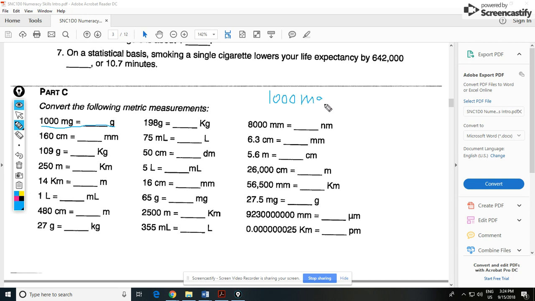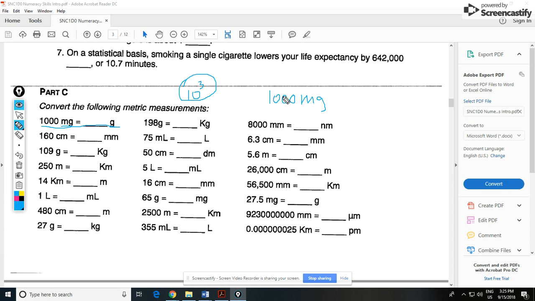And we know that if you're trying to go from small to big, so our small unit is a milligram and our big unit is our gram, you need to divide by some factor of 10. When you go look at your conversion chart, you'll notice that the factor of 10 you need to divide by is 10 to the power of 3. And so you'll see that in the video on conversions.